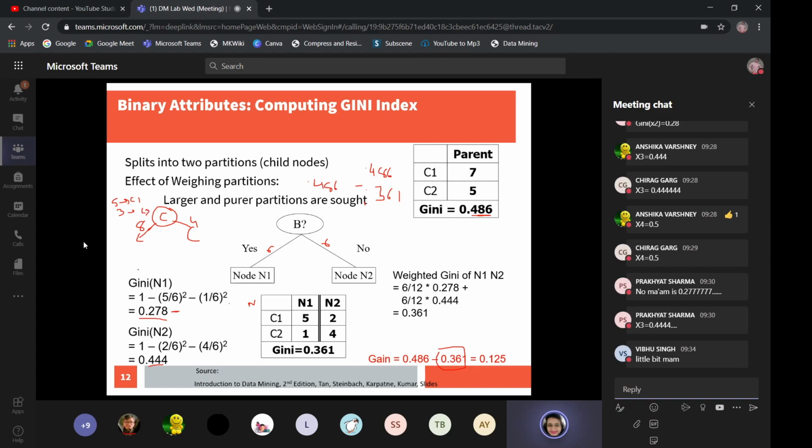So what will be the Gini? It would be 1 minus (5 by 8) squared minus (3 by 8) squared. Am I right? Any questions till now?